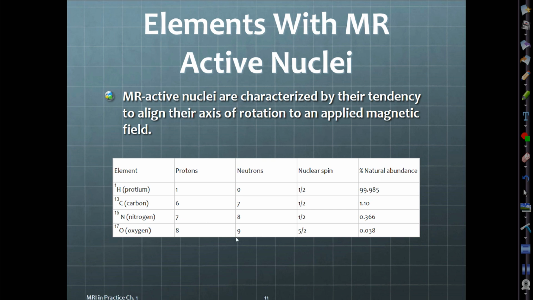This is a breakdown of the difference between the protons and neutrons, their nuclear spin, and what we call half integral values, but you can see that hydrogen has a very strong vector quantity. And then just its natural abundance. So you can see that hydrogen really outweighs a lot of the other MR active nuclei. That's why we image hydrogen specifically.